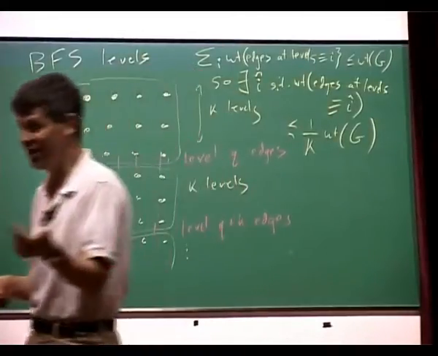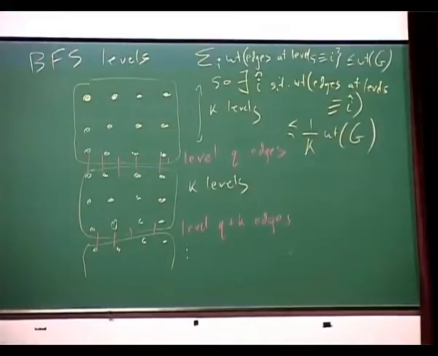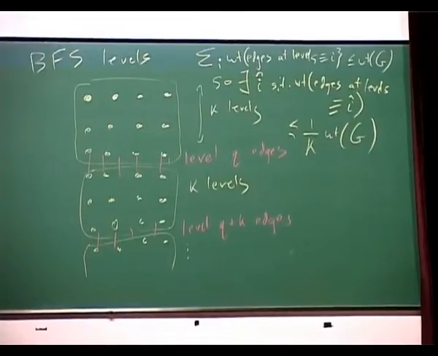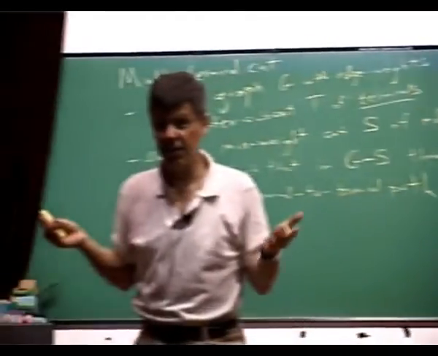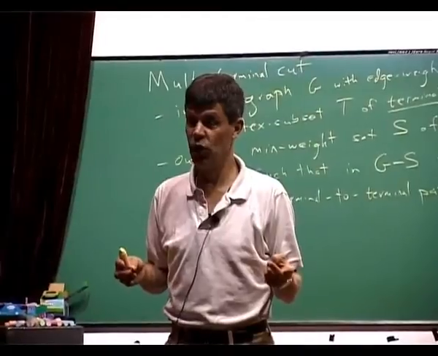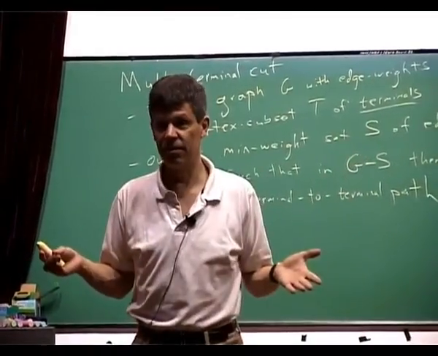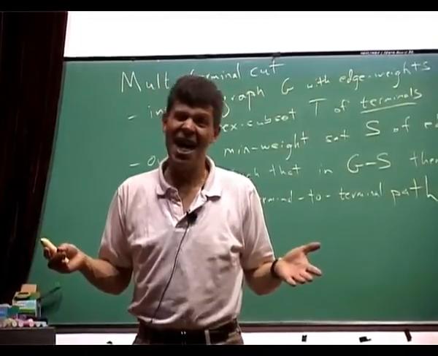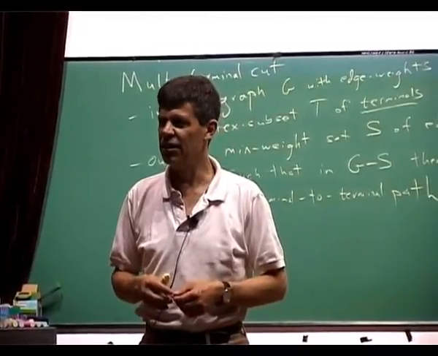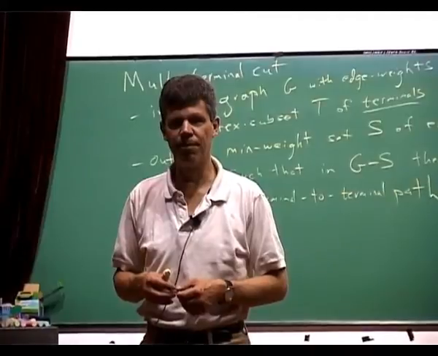The graph itself might have a total weight that's much, much bigger than opt. So what do you do in that case? There are two possibilities. One is you set k to be very, very big to compensate. That's not so good. Why? How does k factor in the running time?